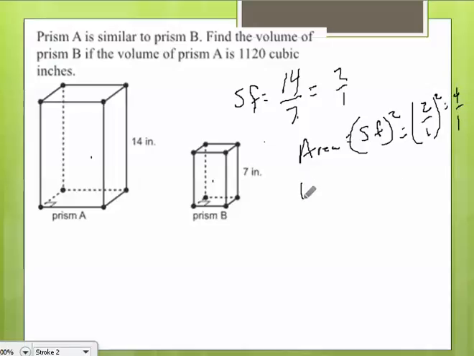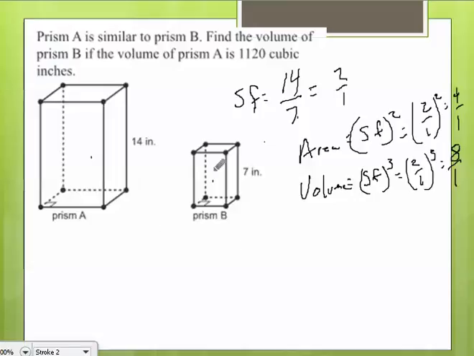And if we want to look at the volume, we know volume is made up of units cubed. So we would take the scale factor and we would cube it, or to the third power. And that's equal to 2 over 1 to the third power, which is equal to 8 over 1.